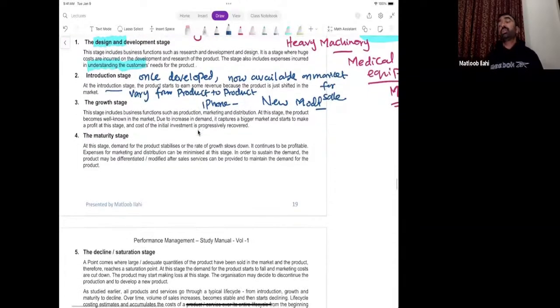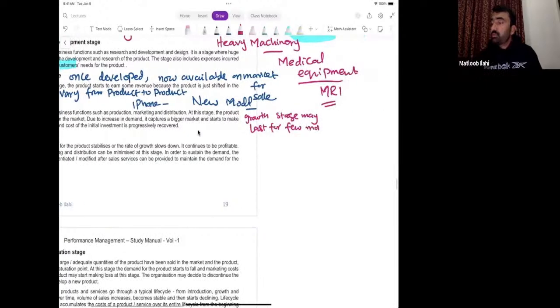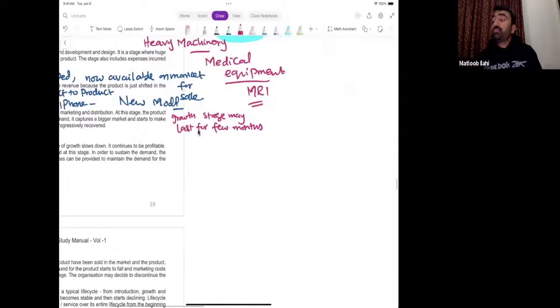And now, after enjoying for some time at the growth stage, the growth stage may last for a few months or maybe a few years, especially if these are high-tech products.